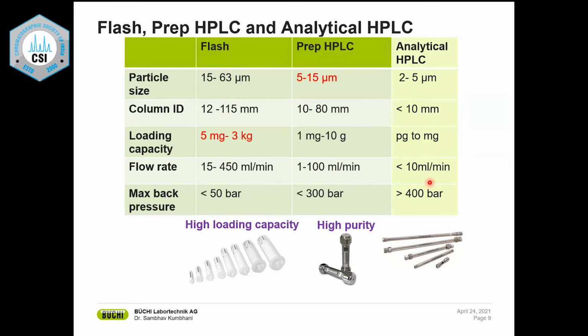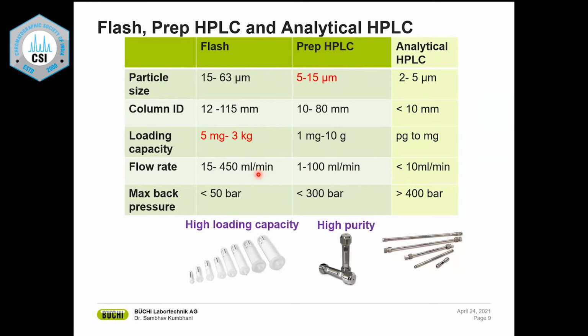And if it's a mixture of 10 compounds, flash would separate at least 6 or 7 of them easily, depending on how well you have prepared your method, gradient, and all that. So yes, flash is not the best technique to do your separations perfectly, but it is a very good technique to start off with.